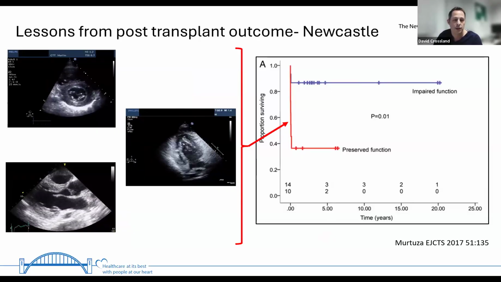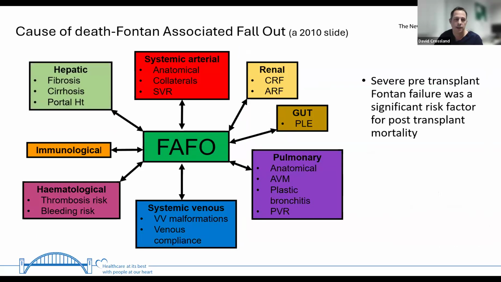And these are 3 echocardiograms showing an excellent function of a transplanted heart, and these echoes are taken within 24 hours of those patients dying. And we found that these patients were dying of what in 2010 we called FAFO, and I am not surprised, although slightly disappointed, that the term FAFO didn't take off across the world.